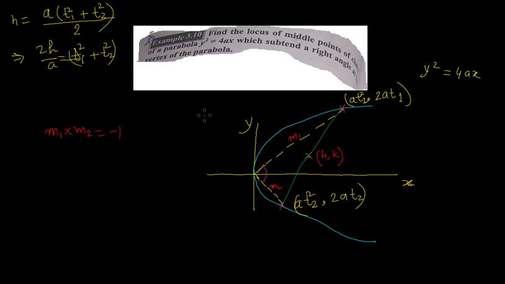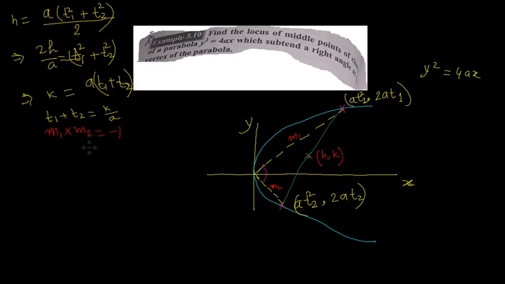Now what about k? K will be equal to 2at1 plus 2at2 by 2. 2 will get cancelled, a common, so k will be equal to a times t1 plus t2. Now k by a is equal to t1 plus t2.